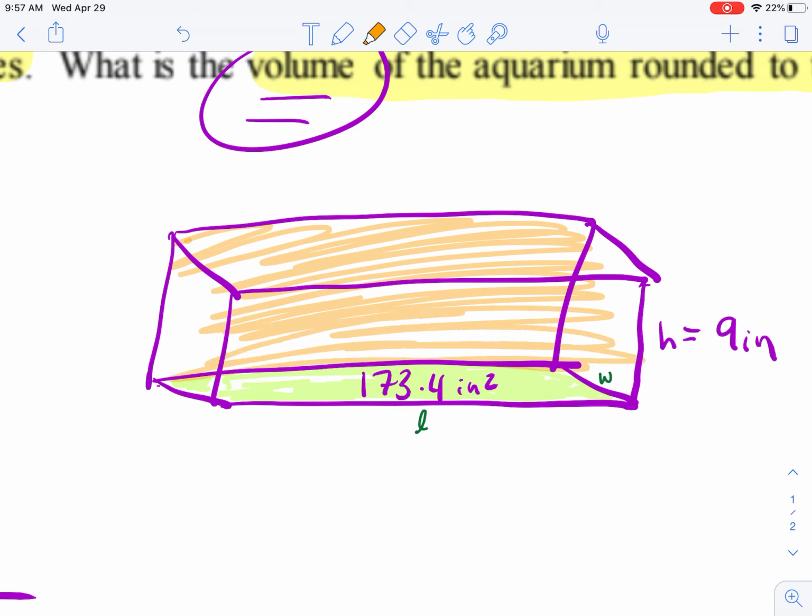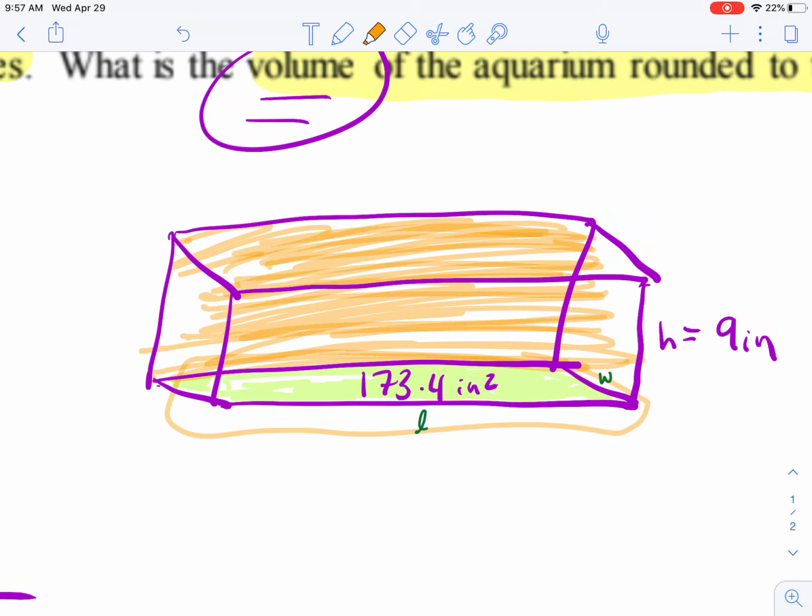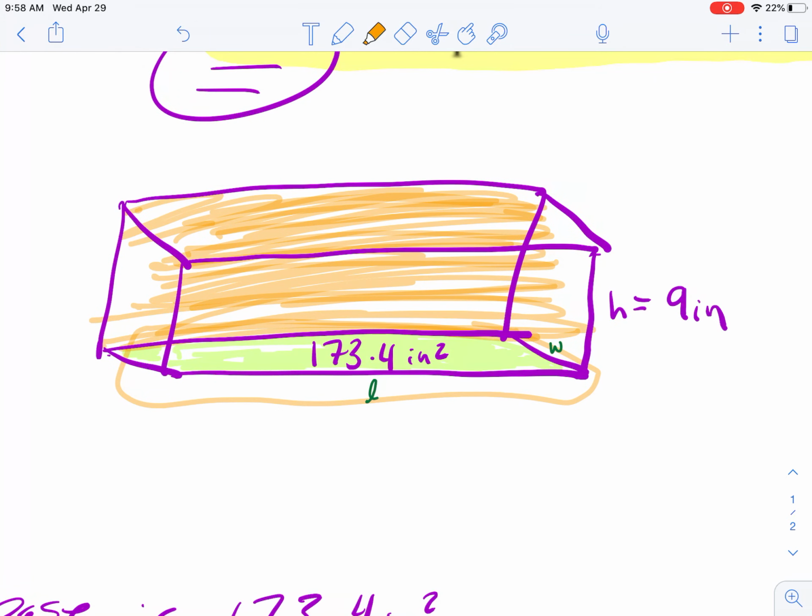So, if I were to take this base and continue filling it up all the way to the top of this aquarium. All right. So thinking about our dimensions now of the aquarium as a whole, what could we use to figure out how many of these bases I am going to have to continue putting one on top of each other to get all the way to the top?